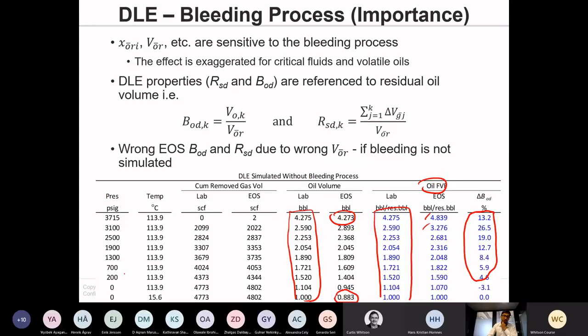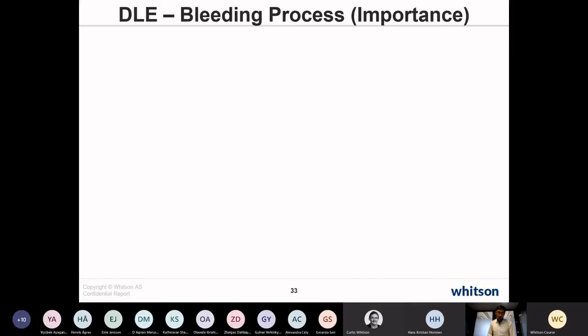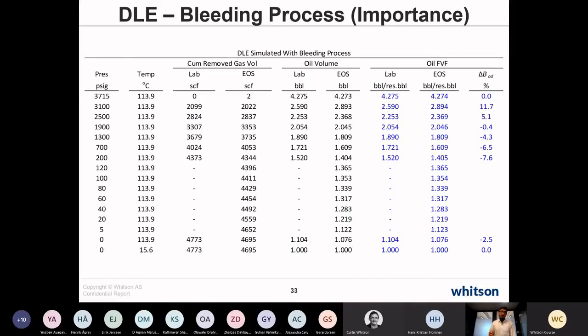And here we are not doing any bleeding, so we are just going straight from 200 to the atmospheric conditions. So this is the simulated case with the bleeding process now.